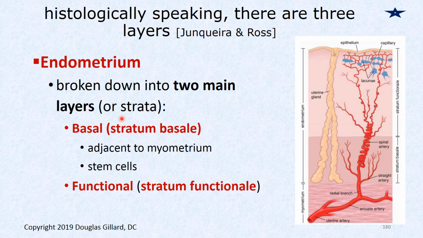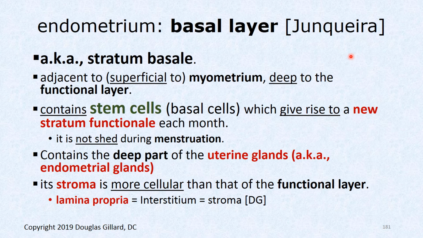During the woman's period, they lose this whole layer. Stratum functionale is lost, sheds, but this doesn't. How does this come back then? Because there's stem cells here, and almost like the skin, it repopulates this whole system. Quite amazing, actually.